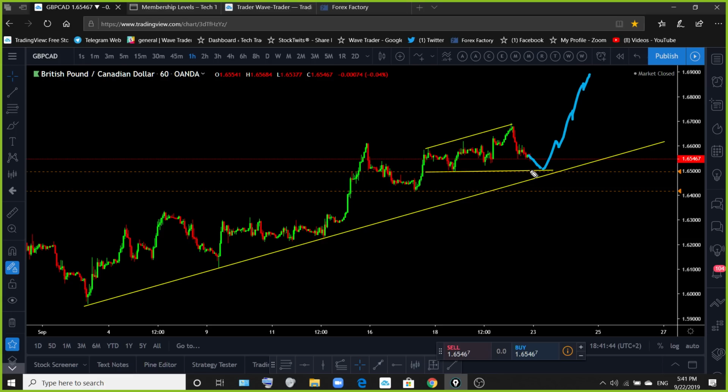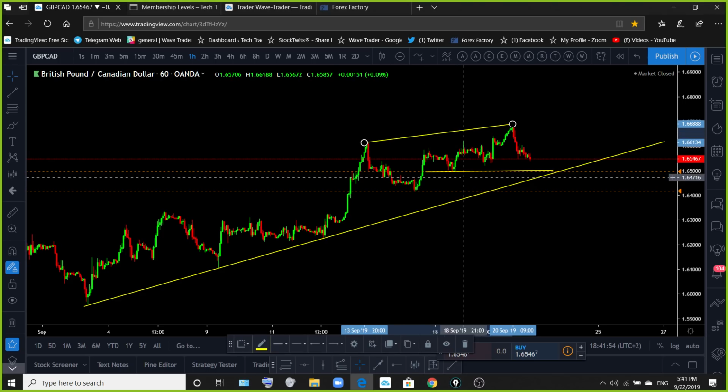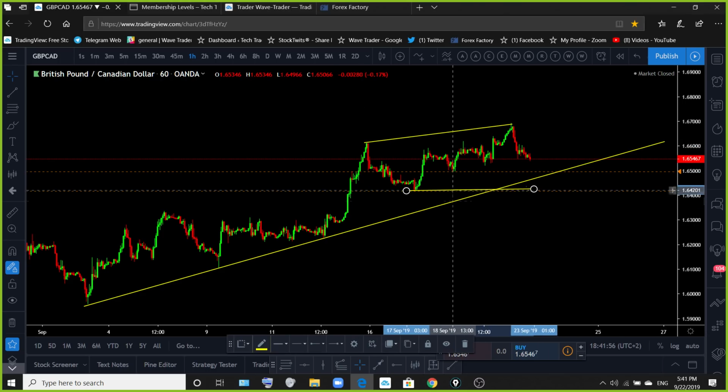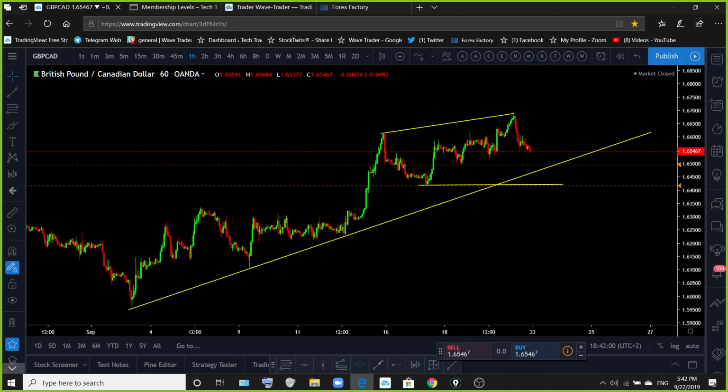If it doesn't hold that bottom and breaks down, there's still going to be a buy opportunity in the pound CAD, a bigger correction and then continue to go higher.